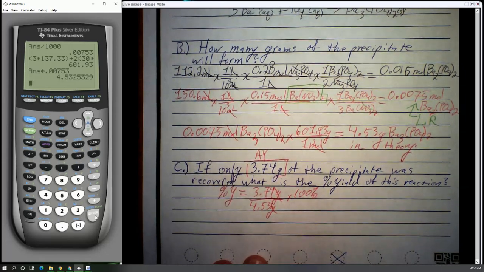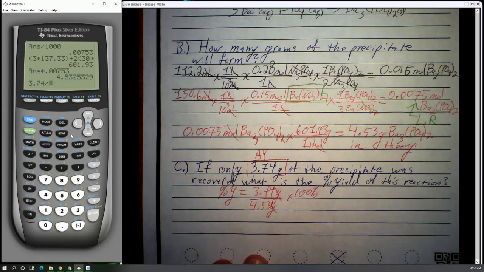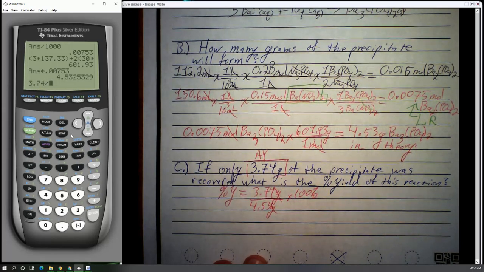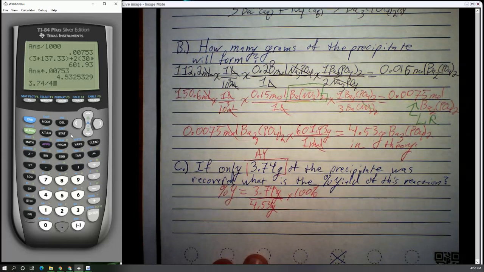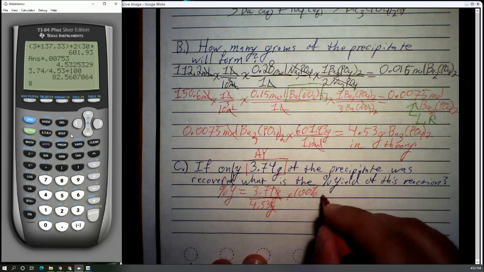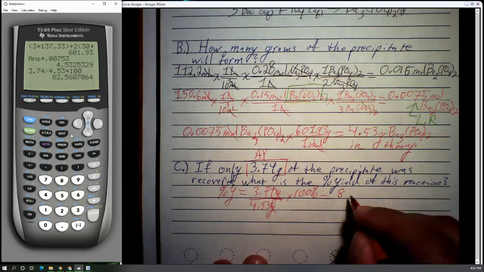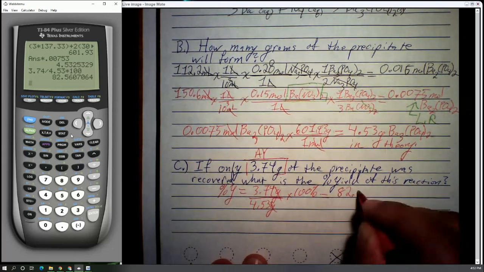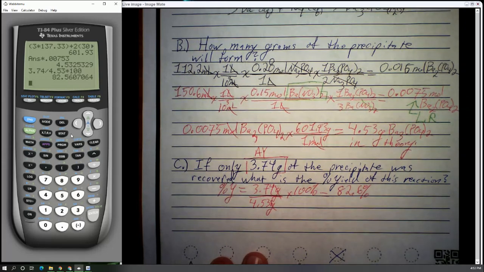So our grams cancel. All right, and this should be over 50%, probably close to about 70-ish, 70-80 range. And we get 3 sig figs, so that will be 82.6%.